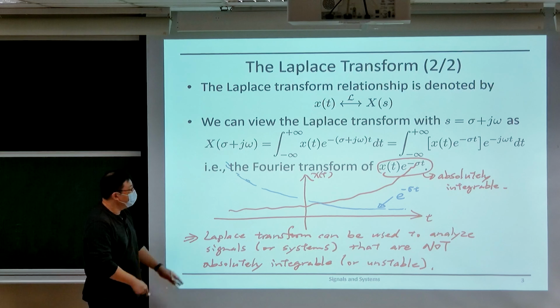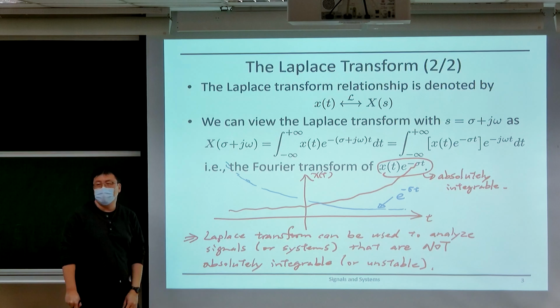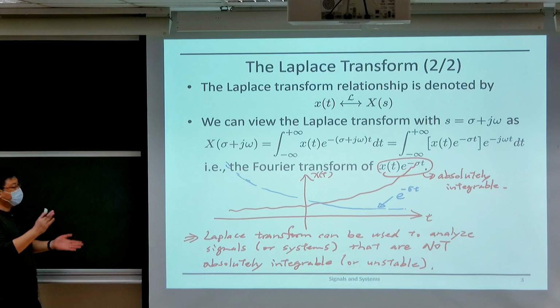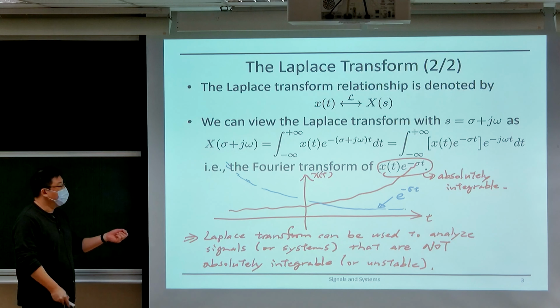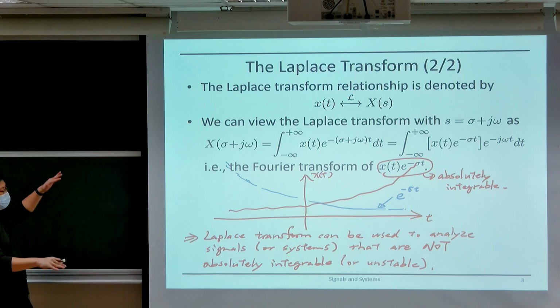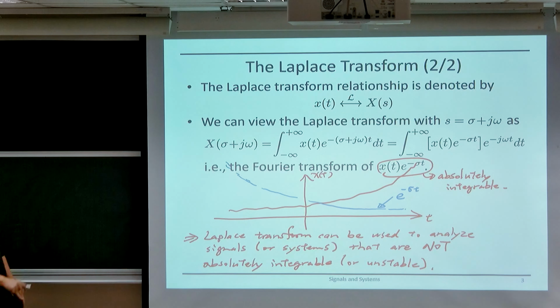If it's negative, then it suppresses the left-hand side of the signal. So depending on what your original x of t looks like, you need to choose an appropriate value of sigma to suppress either the right side or the left side more.